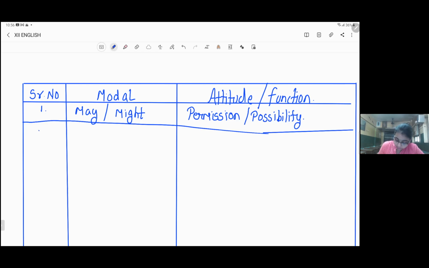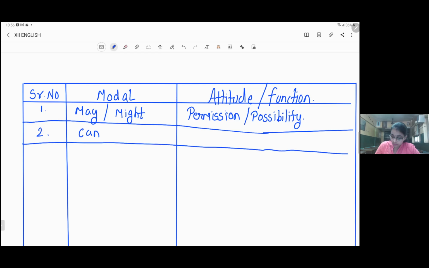Second, can. Can may what function? Ability and again possibility.